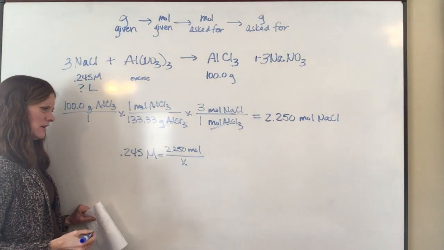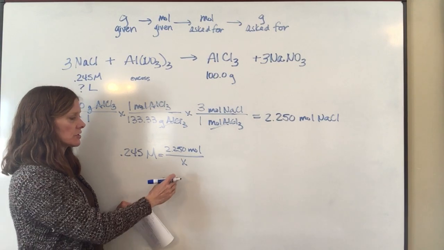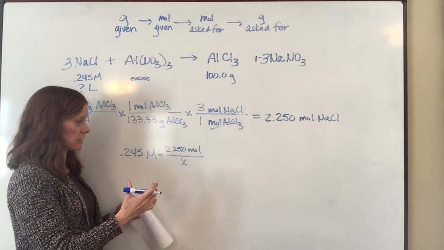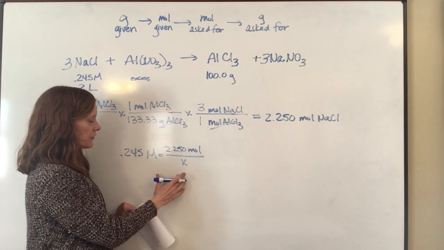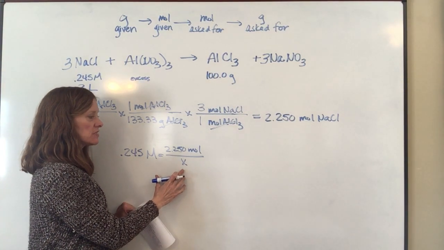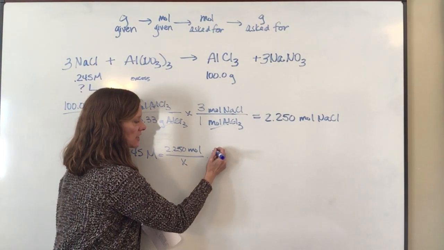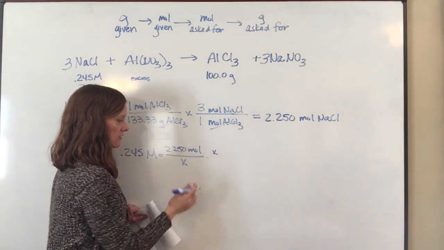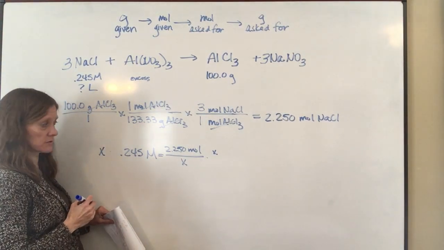Now again, watch your arithmetic, watch your algebra when you do this, so that you don't mess up and divide the wrong thing by the wrong thing. So I need to get this x off of the bottom. So what I really need to do is multiply both sides by x. If I multiply this side by x, the two of them are going to cancel out. And then I would also need to multiply this side by x.